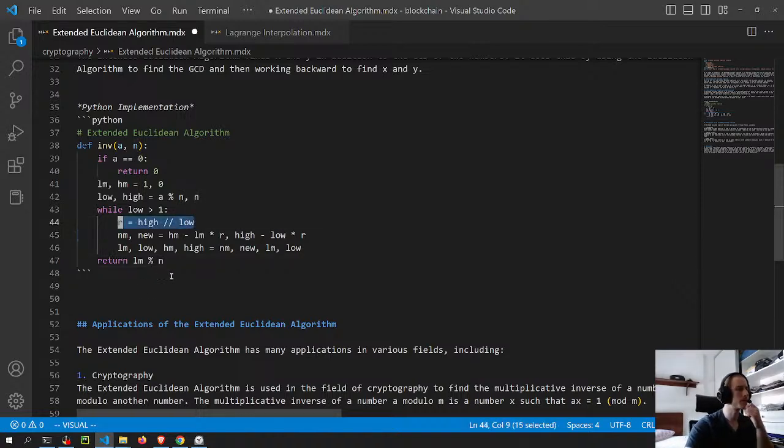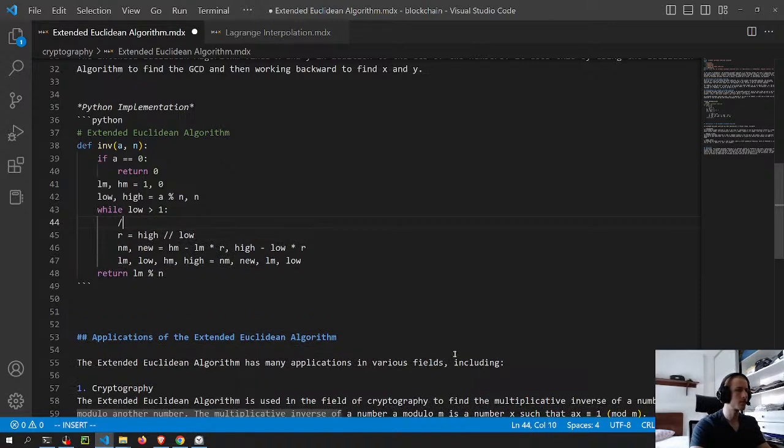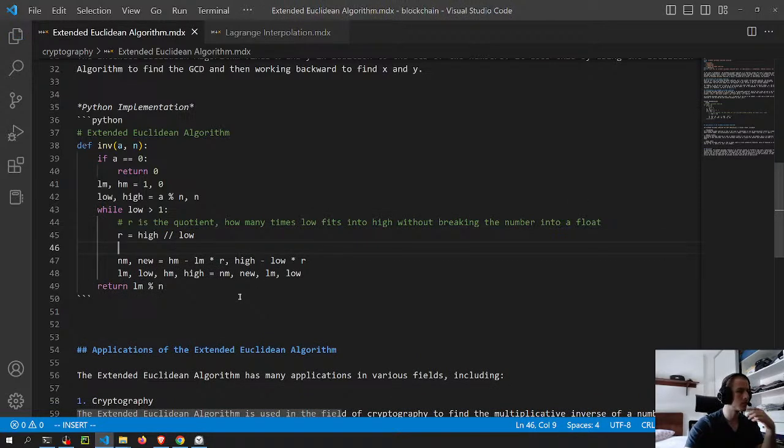So getting the quotient here. I don't understand what HM and LM are supposed to be.